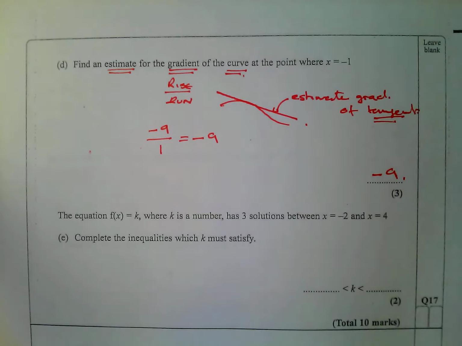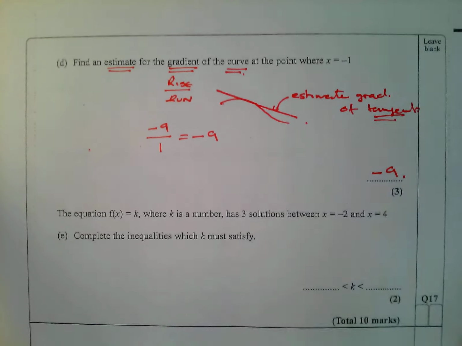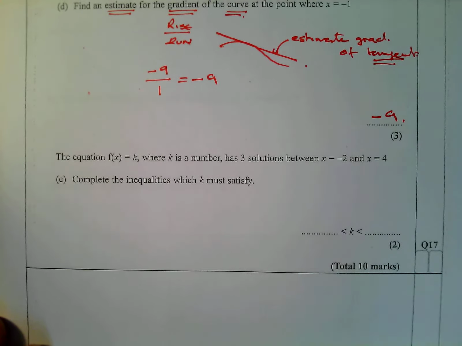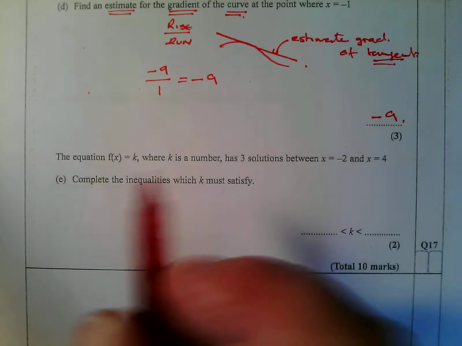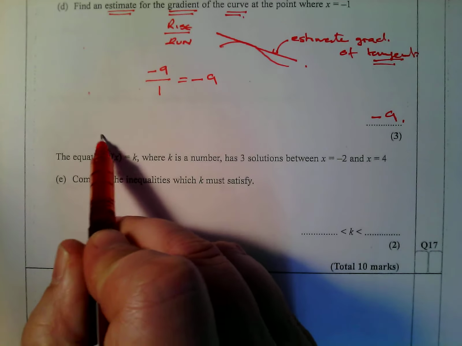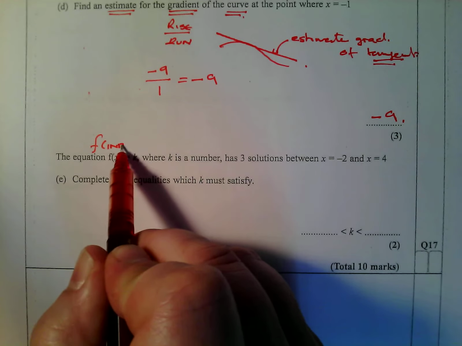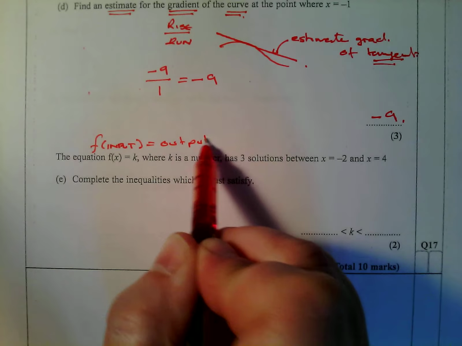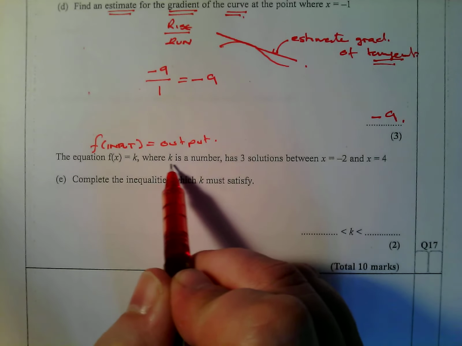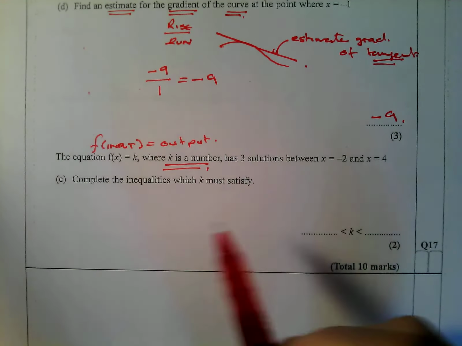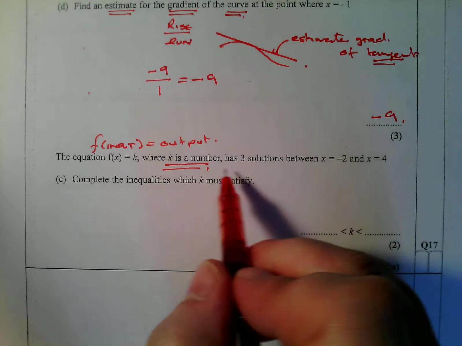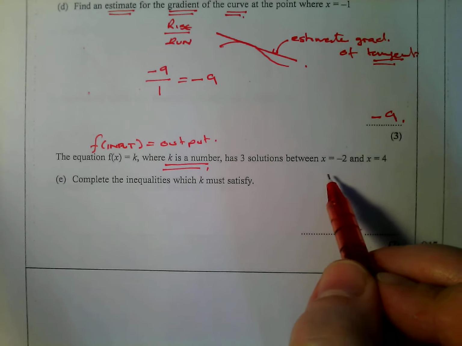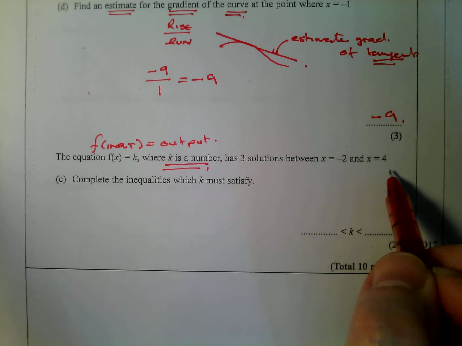I make it actually -9, remembering each little square is a single one, because each square is 10. So there are 9 little squares there. My rise is -9, and my run is 1, so rise over run is -9 over 1. My estimate is -9 over 1, in other words, -9.